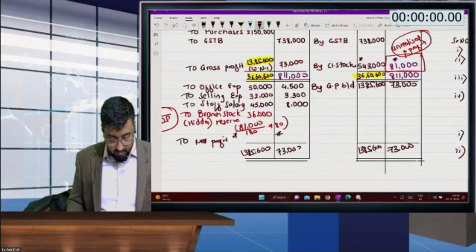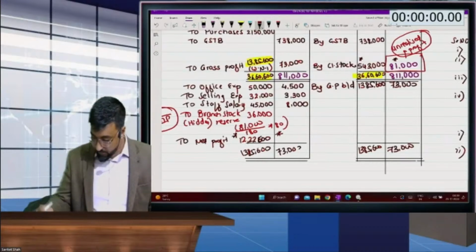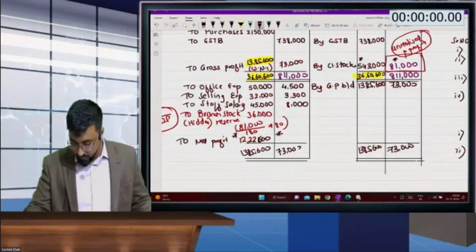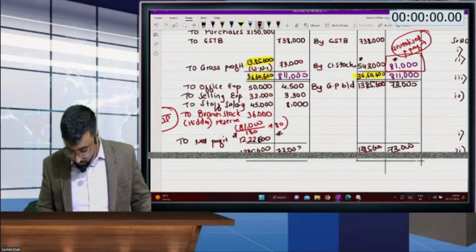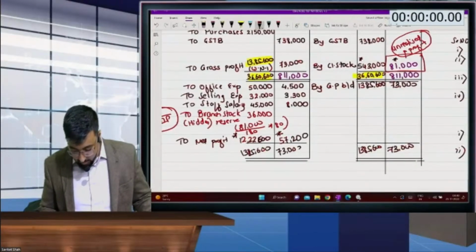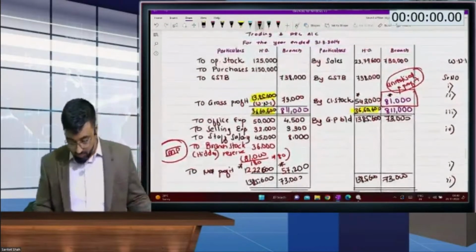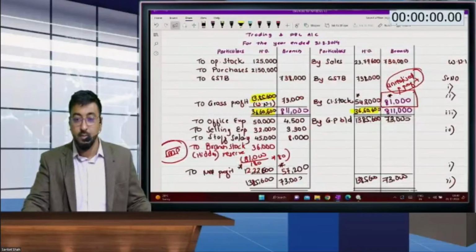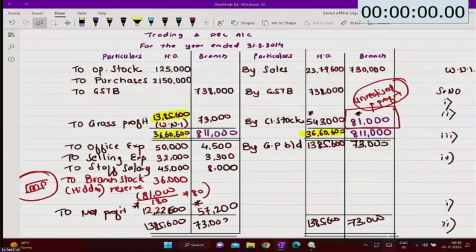So you are getting the answer 12,22,600. So this is the final net profit. You can take a screenshot if you want. Very, very important concept, beta. Unrealized profit will be cancelled by head office.